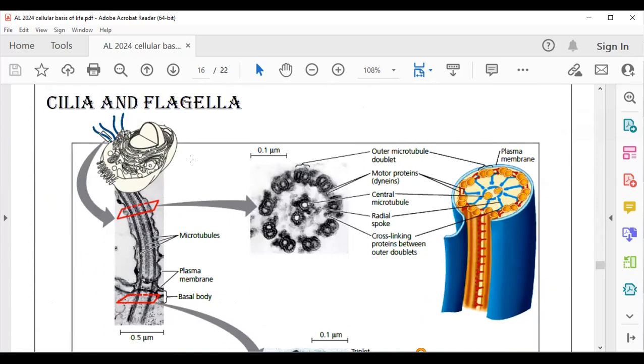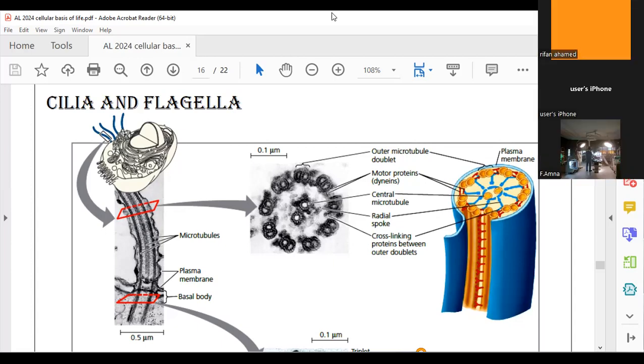If you take cilia and flagella, they can be noticed as external extensions.